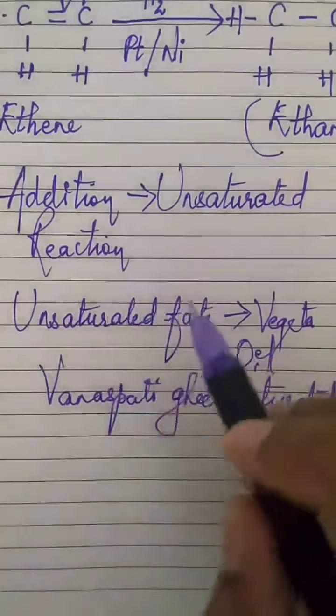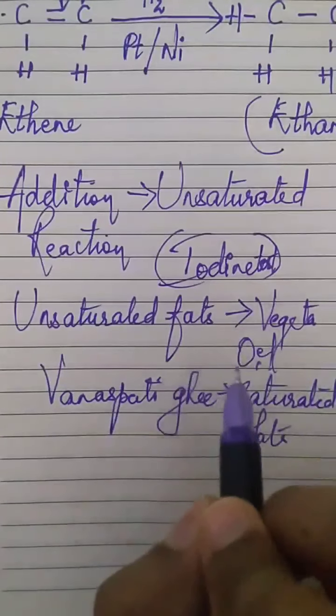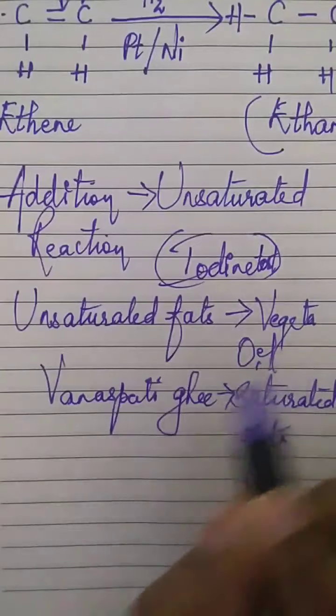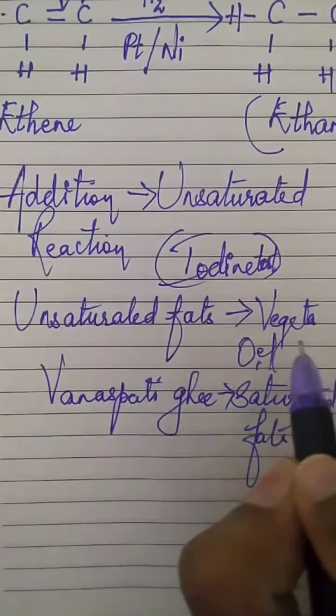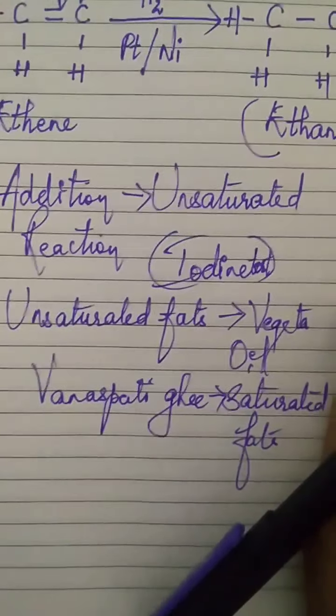You might have heard about the iodine test. They collect a sample and do this iodine test to see whether the vegetable oil which they provide is pure or contains Vanaspati ghee. Sometimes they mix Vanaspati ghee into the vegetable oil or sunflower oil and then sell it. Vanaspati ghee is cheap.